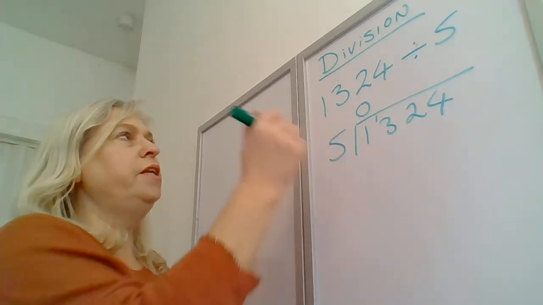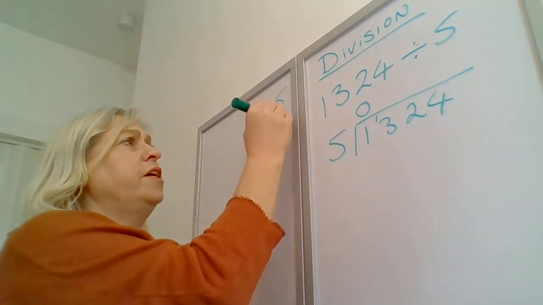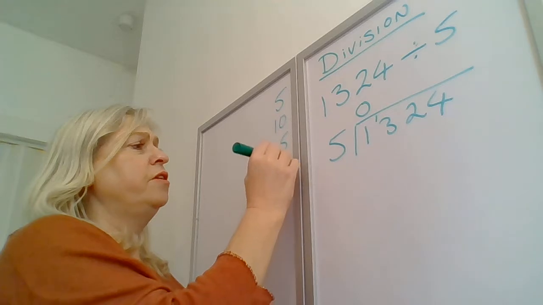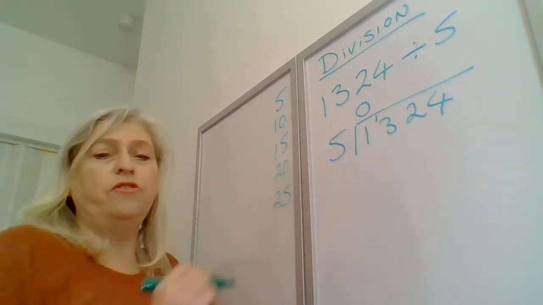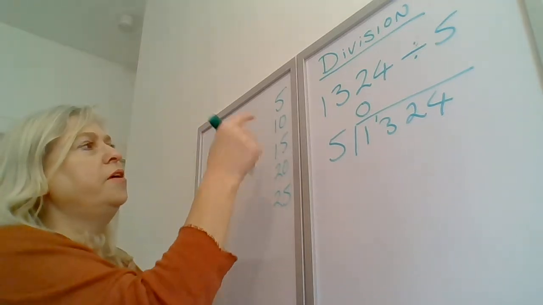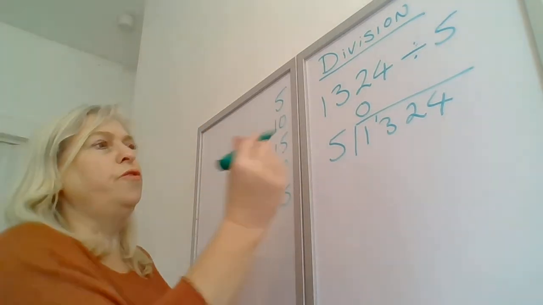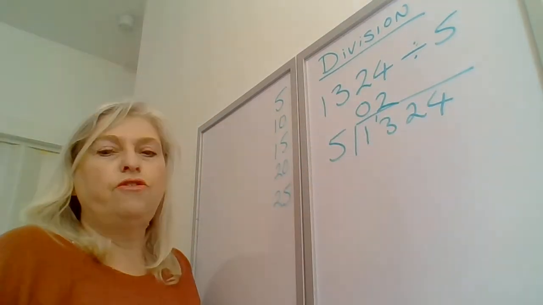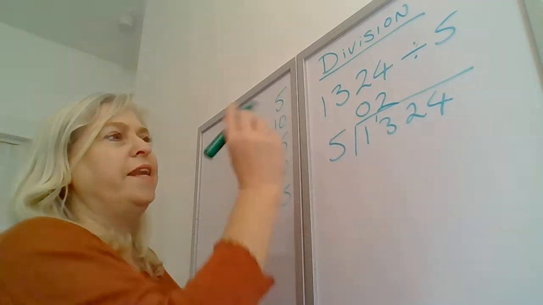5's into 13, let's do a 5 times table, 5, 10, 15, 20, 25, we might not need any more, we'll see. So 13, 15's too high, so we need that one. So 1, 2, and there's 3 left over because we've only used 10.